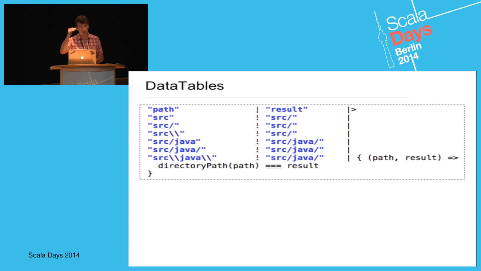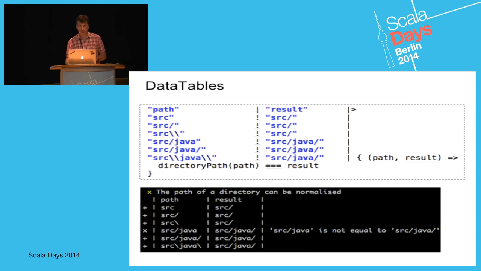In that case, you're just giving what changes in terms of data for this directory path function and what the expected results are. So that's a very concise way to put lots of examples into one. And if there's any issue, the table will be displayed and will show you on which row there was a problem. So I really encourage you to use that.